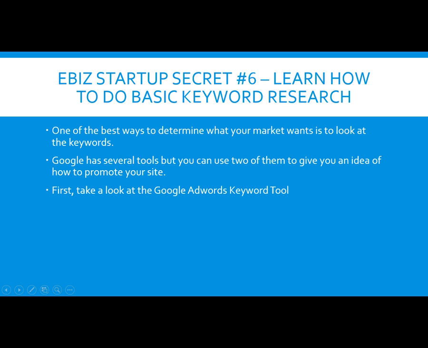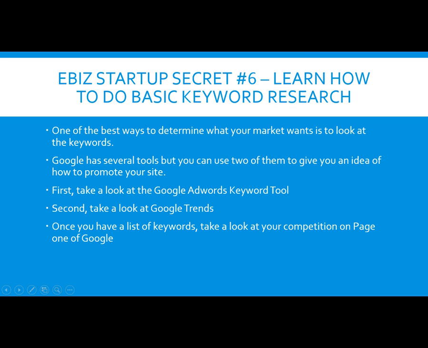The first tool to take a look at is the Google AdWords keyword tool, and I will be showing you that in a minute. The second tool is the Google Trends keyword tool, and I'll show you that one also. Once you have used these two tools to give you a list of keywords relevant to the market you're looking to promote, you want to take a look at your competition on page one of each of those keywords in the Google search engine.